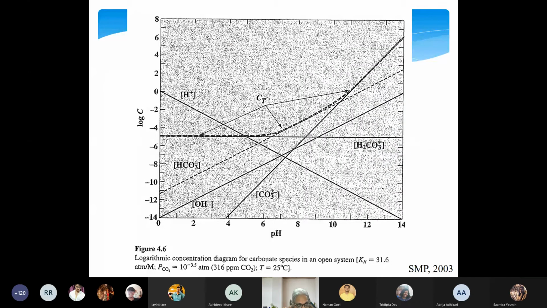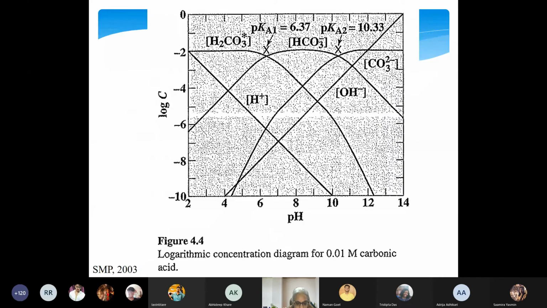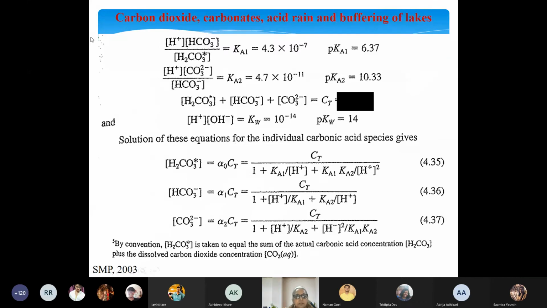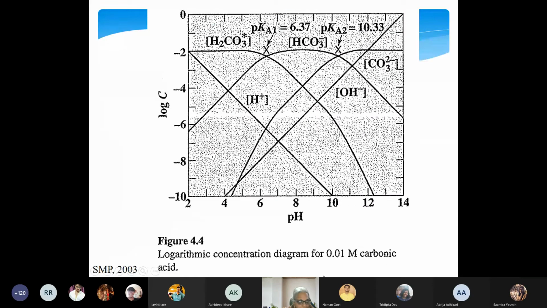So the mass balance remains the same. We have the same three species: H2CO3 star, bicarbonate and carbonate, all together. The only difference now is that CT is not predefined. Just imagine the carbonated beverages. Over there, the total amount of carbon is known.